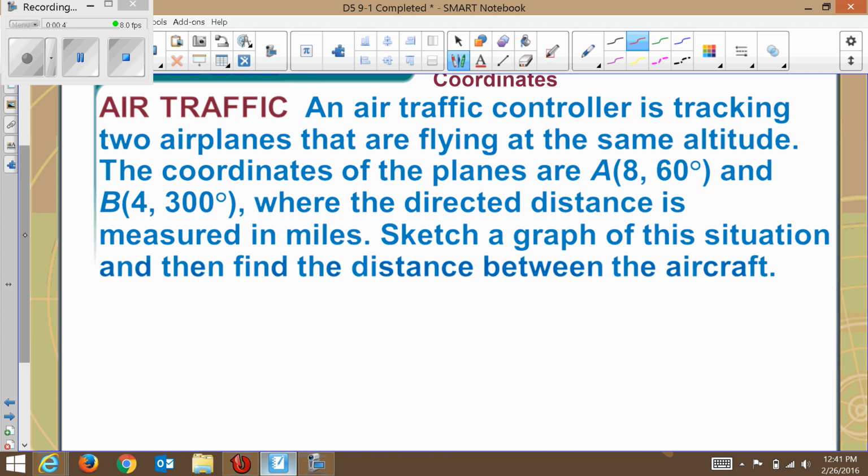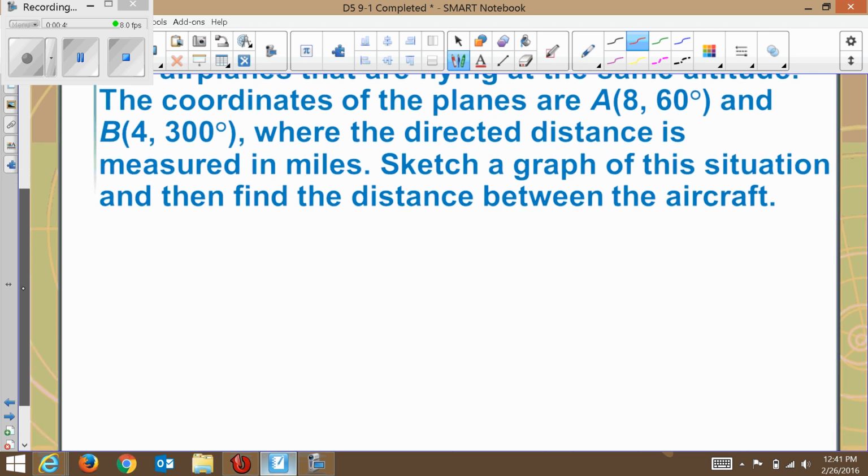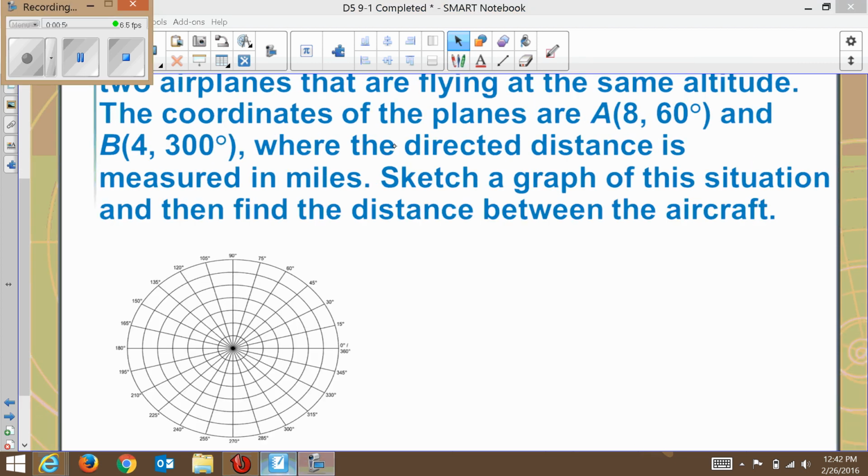So let's first pull down a graph and plot the points where they should be. So here's my graph. I'm looking for (8, 60°) and (4, 300°). So I'm going to go to 60 degrees, and for this problem I'll count by twos. 1, 2, 3, 4. So this is going to count as 8, because I'm counting by twos.